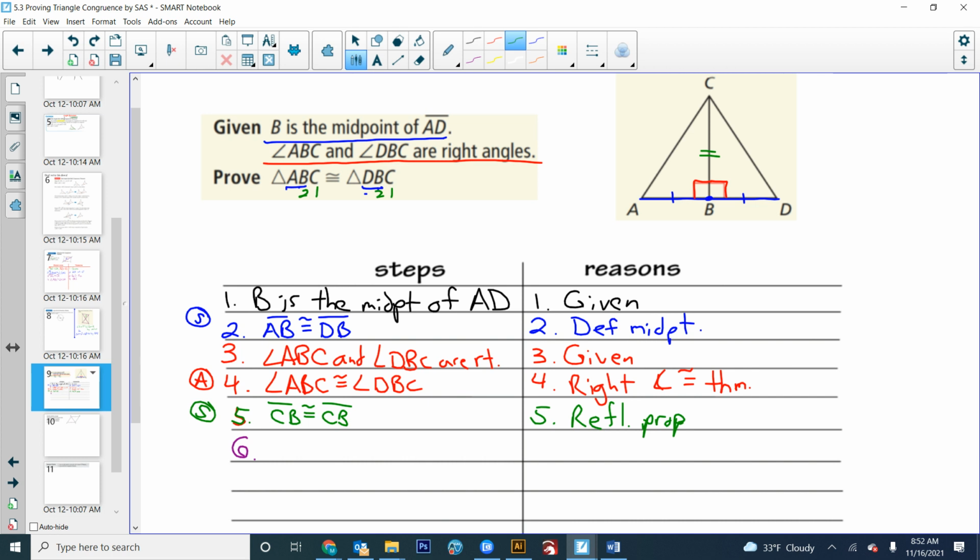Yeah, because it's where the A is in the picture that makes it SAS, right? Triangle ABC is congruent to triangle DBC. And we just have our one little trick: SAS. Not bad.